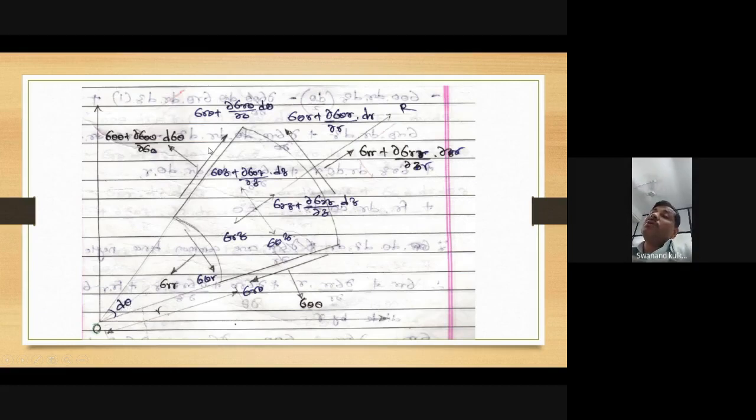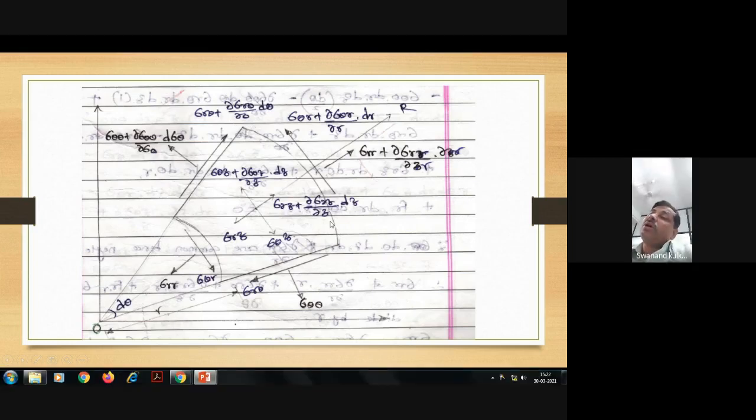So R plus dr into d theta will be this particular arc length at the outside surface.